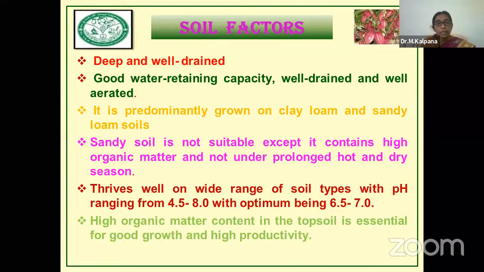Then this crop can thrive in a very wide range of pH, from 4.5 to 8, with an optimum of 6.5 to 7. It needs very high organic matter content in the top soil for good growth and high productivity.